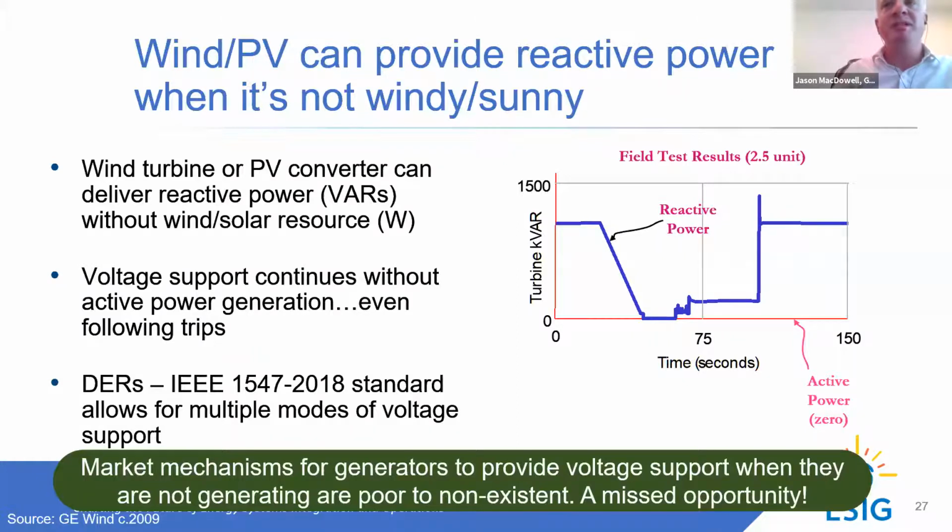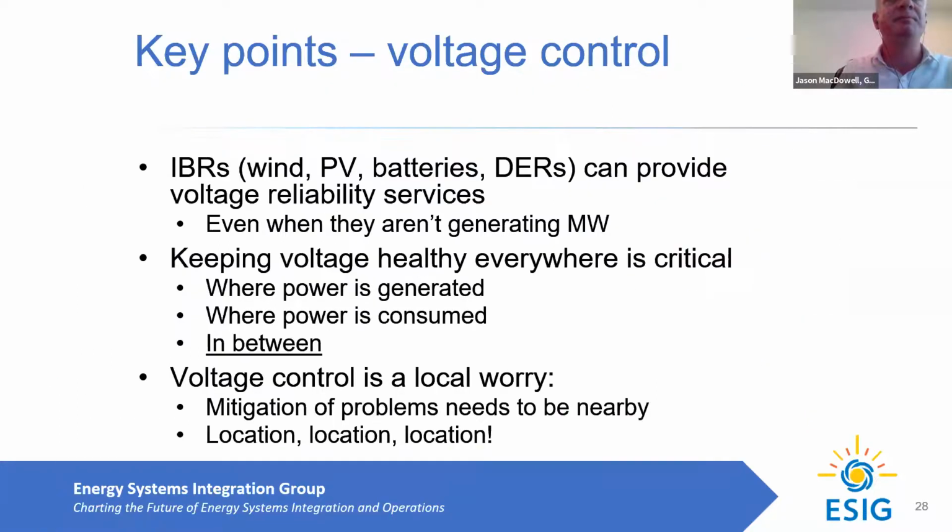So that's important for keeping the system stable at all periods, and you can count on these resources to provide voltage support anytime, as long as this feature is enabled and capable. So it's a matter of deploying that capability, either requiring it or incentivizing it or putting it in place to make sure that you can have that capability there. But it's not a limitation of the technology.